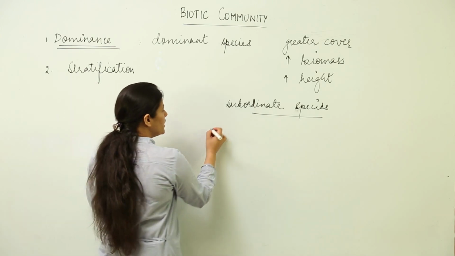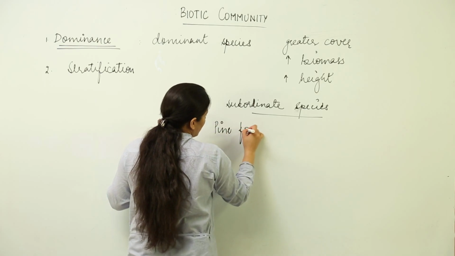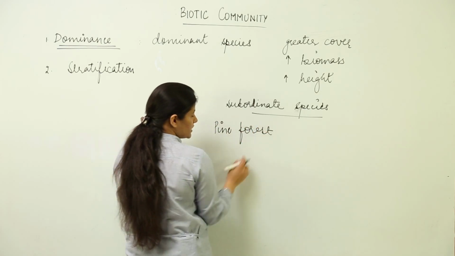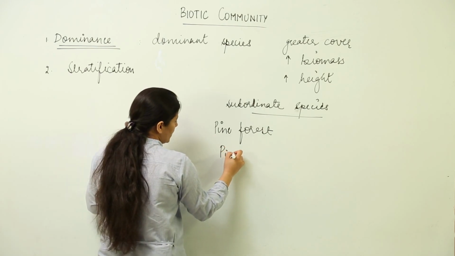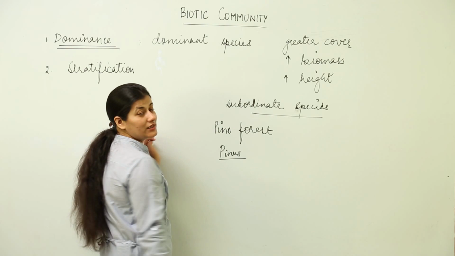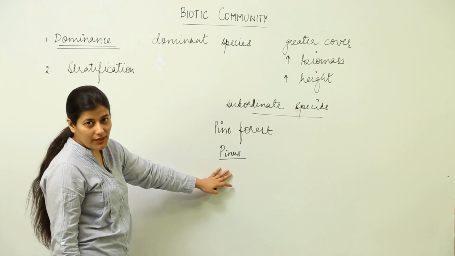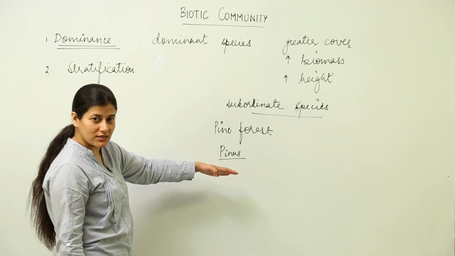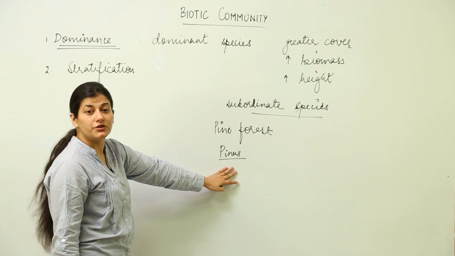For example, we have pine forest. This community is named pine forest because abundantly there would be growth of Pinus in that particular region. Pinus is the species which dominates the given community to such an extent that the name of the community is given according to that particular dominant species.